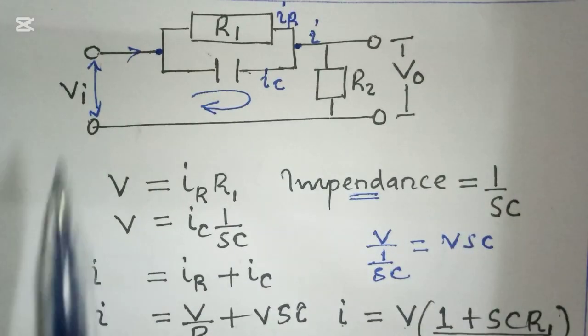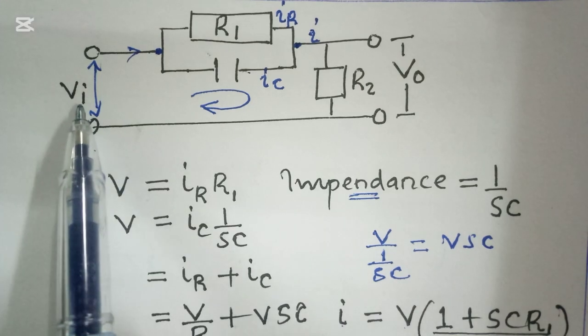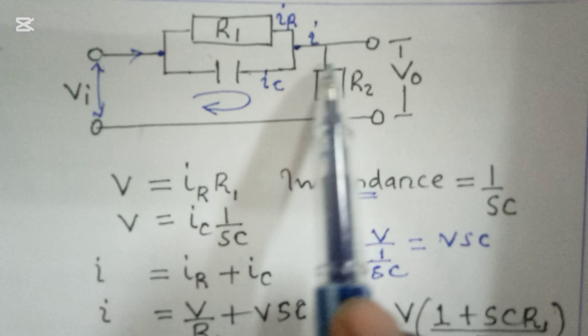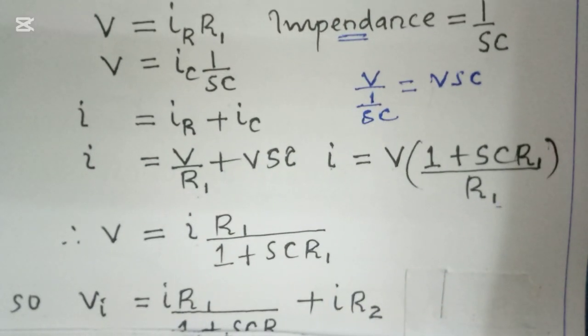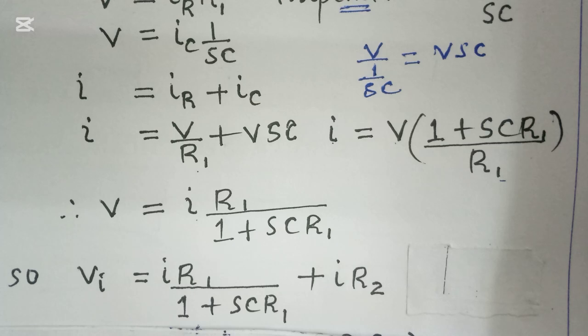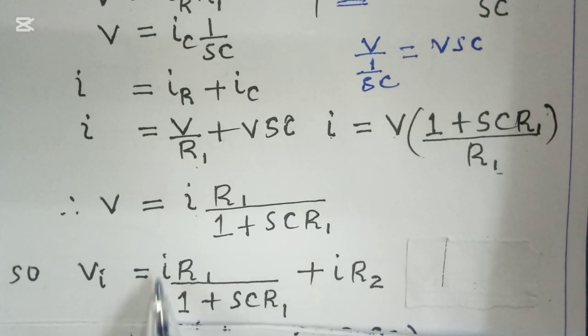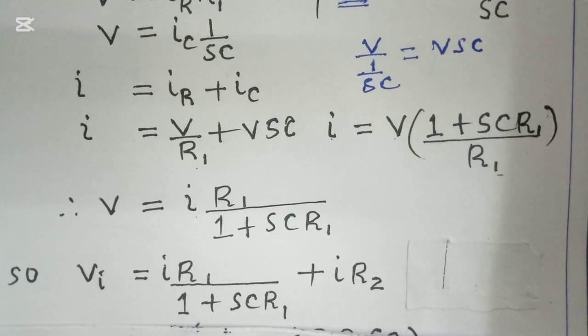We know that the total input voltage Vi is the voltage across that and also the voltage across R2. That's what we have here: this is the voltage across the capacitor and the resistance R1, and this is the voltage across R2, which is also the same as V0.